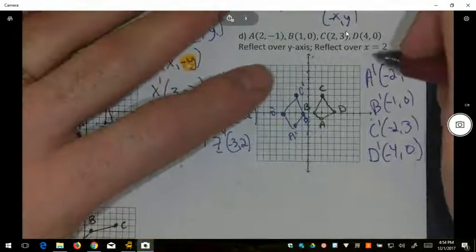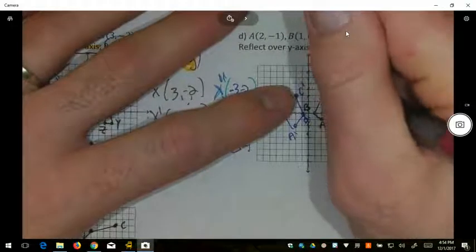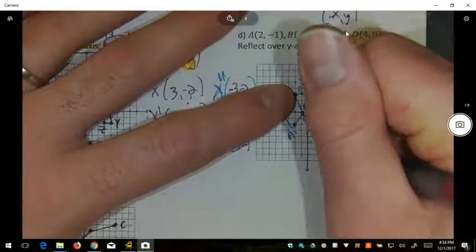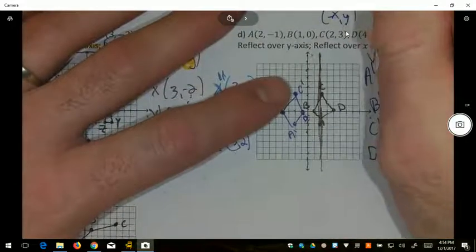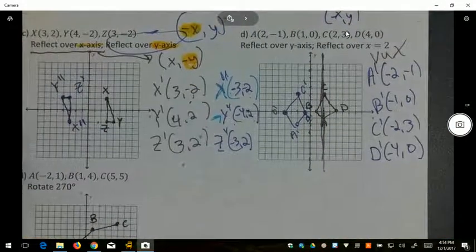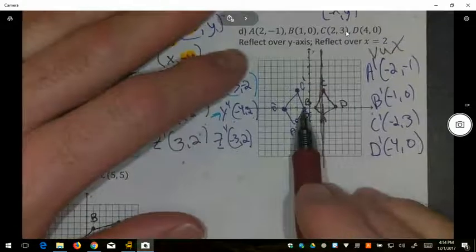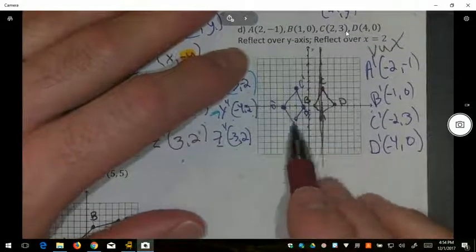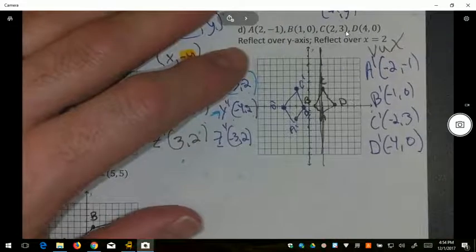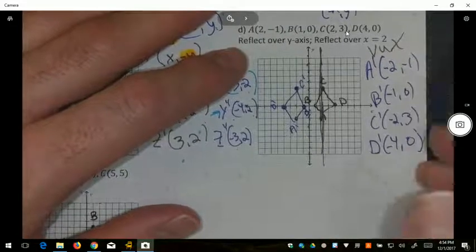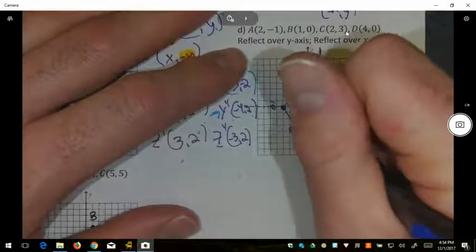I'm also supposed to reflect across the line x equals 2. There's on the x-axis where x equals 2, that's a vertical line with an undefined slope. So now I'm going to take all of, not my black points, but my new blue points. I think I put my A too low. I did. A was supposed to be at 2, -1.